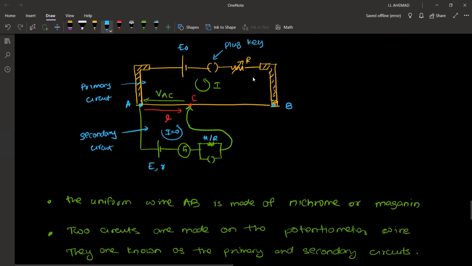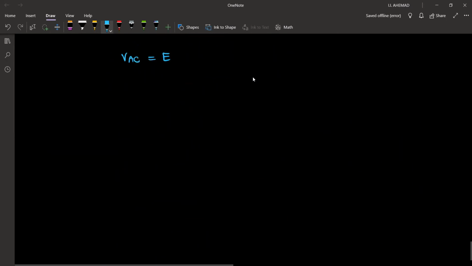Here these two potentials have to be the same, right? Then only the current flow in this circuit becomes 0. Okay, so VAC is equal to E.